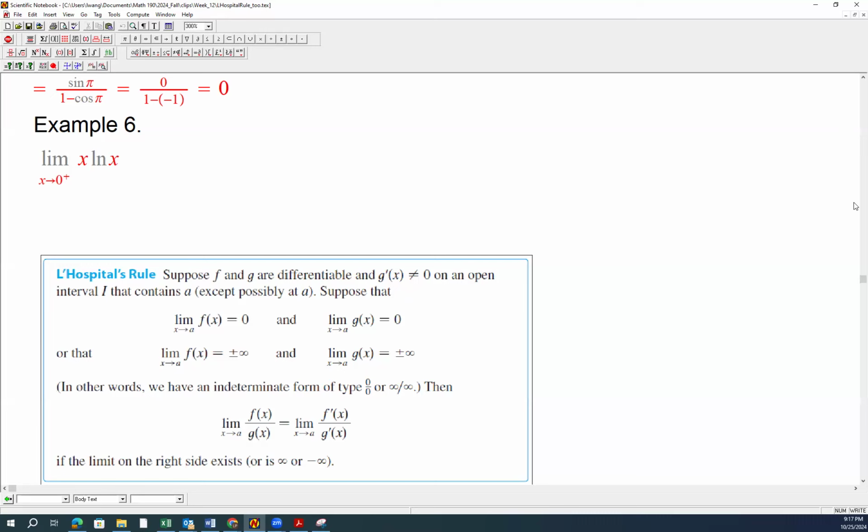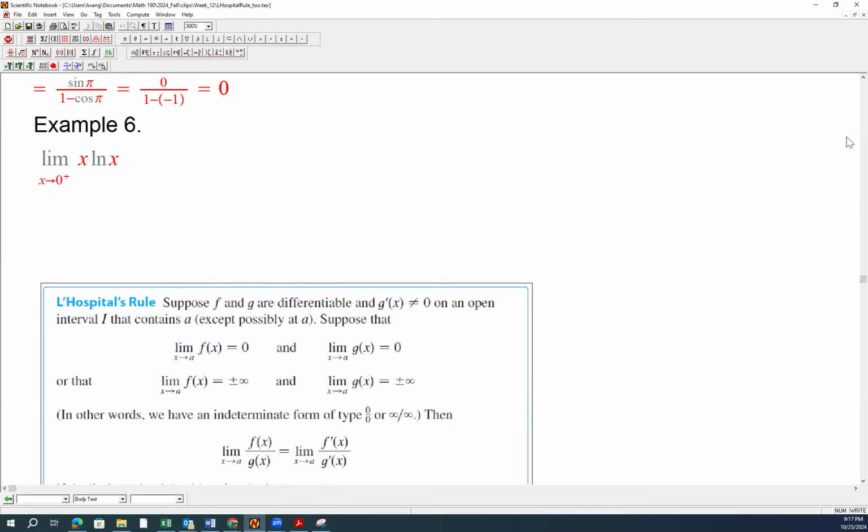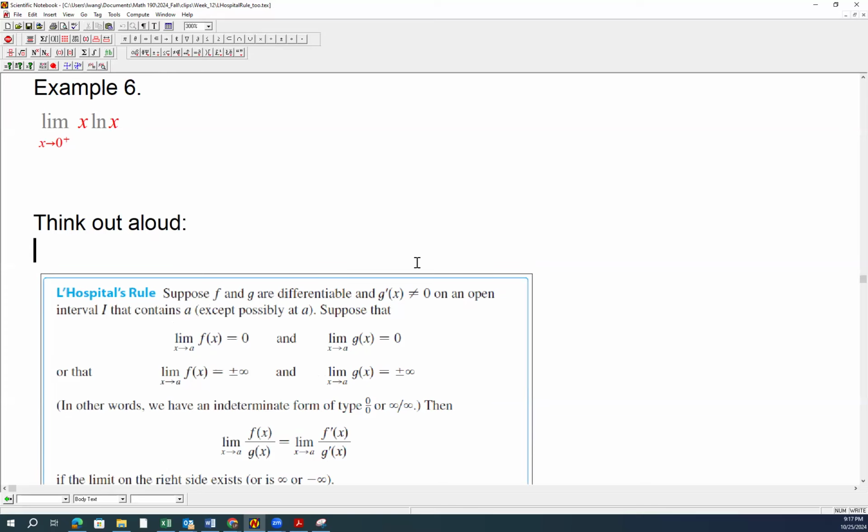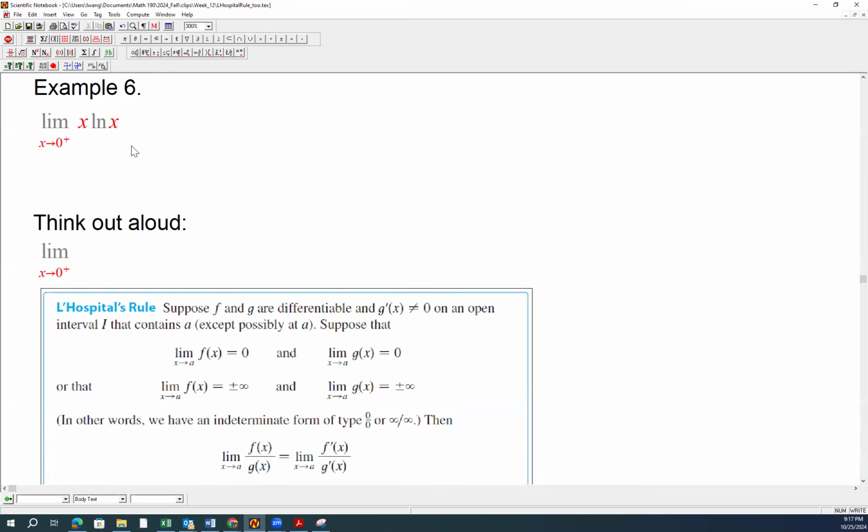Let me think out loud in case you still need some refreshing. When x is approaching 0 from larger than 0, ln x is approaching -infinity.